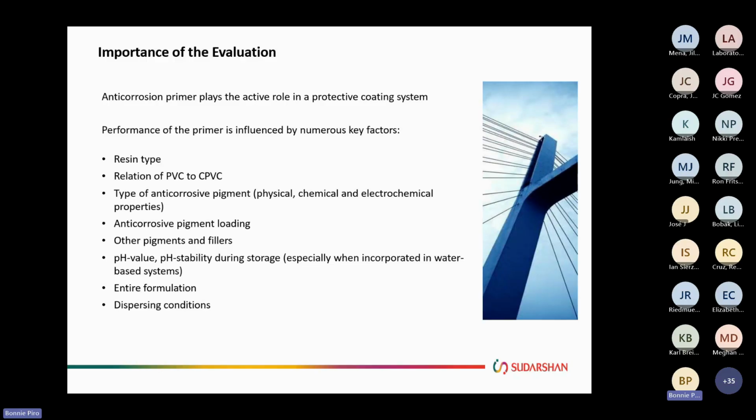What type of anti-corrosive pigment is being used and evaluated, and all of its properties. And also, it may not be a single one. It may be a complementary combination of more than one. It could be up to three, and I have some examples of that in the presentation. So it's good to understand all of the above to be able to see how it evaluates.